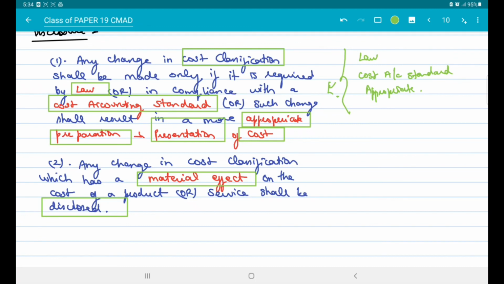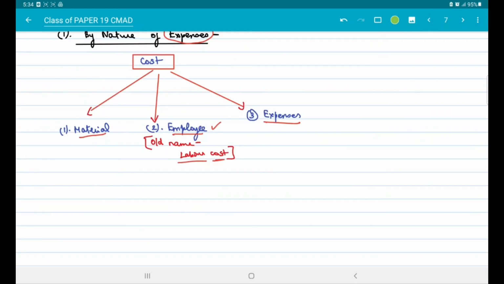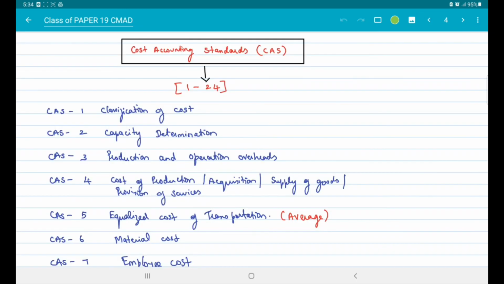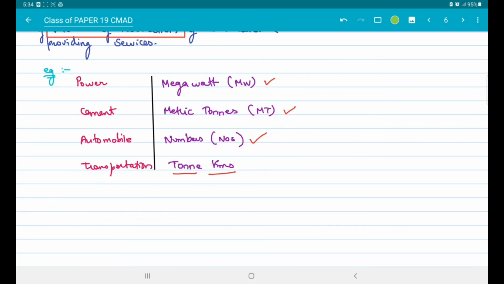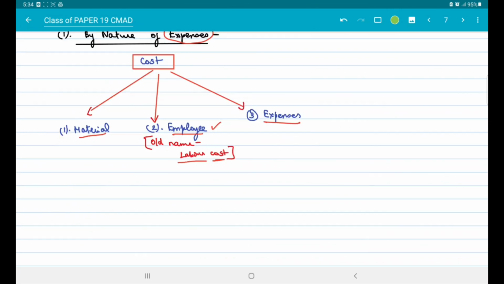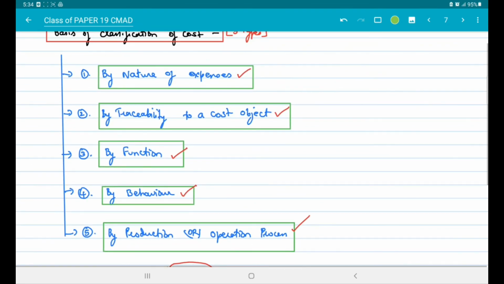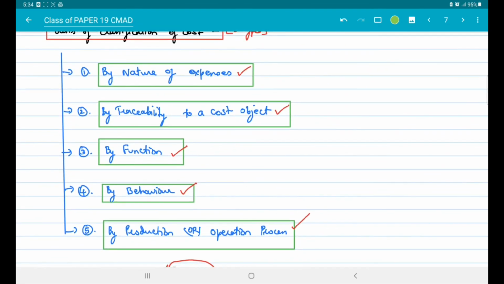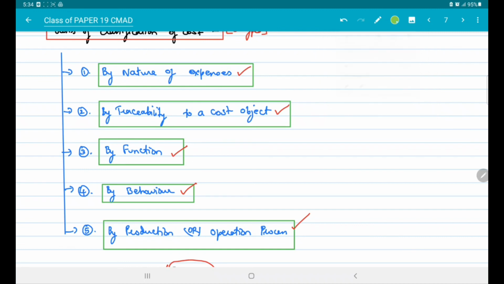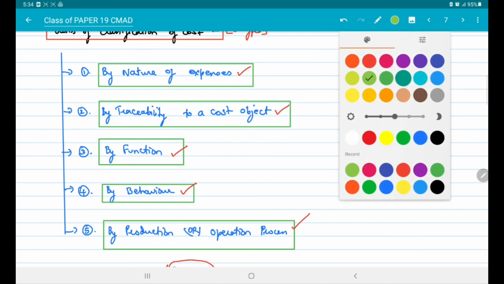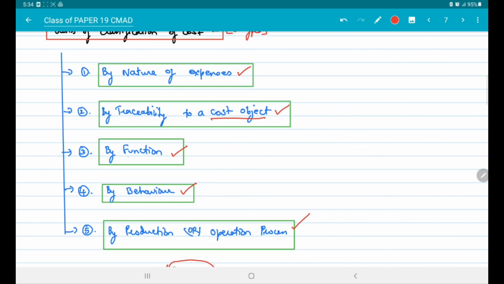So quickly revising the basis of classification. So there are 5 bases of classification: by nature of expenses, by traceability to a cost object, by function, by behavior, by production or operation process.